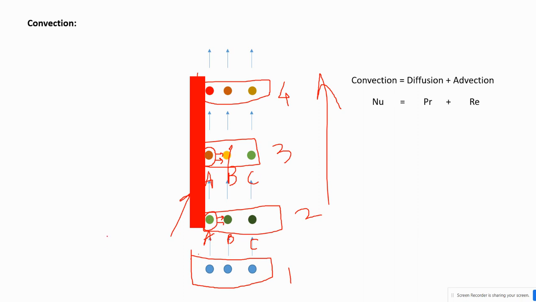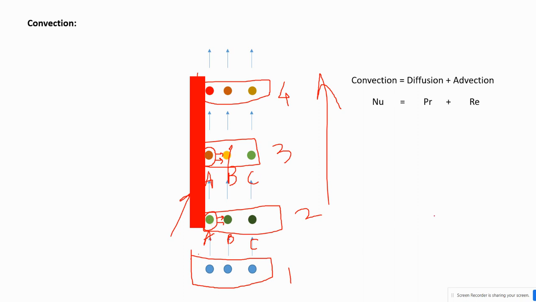So if you look at this, heat transfers from the wall to the air particle via diffusion, and after that this heat is carried away via advection.